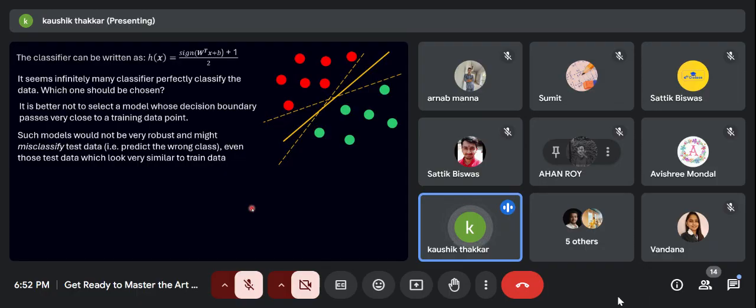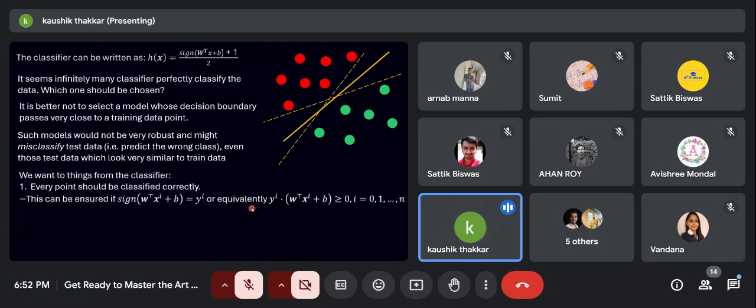So basically we want two things from the classifiers, right? Every point should be classified correctly. This is the first criterion that we would like to have. This can be ensured if the sign of W transpose xi plus b, that was our linear classifier, is equal to the class labels, right? Because this was the definition of our classifier.